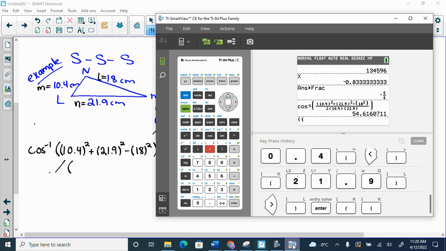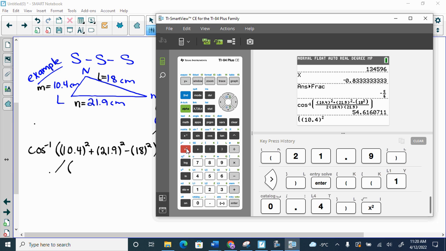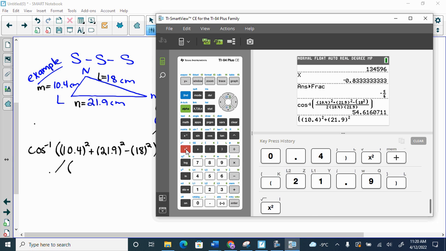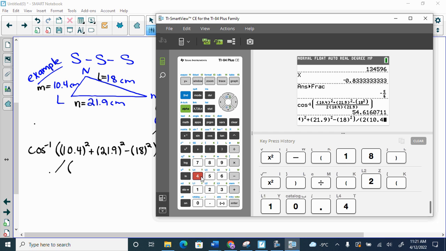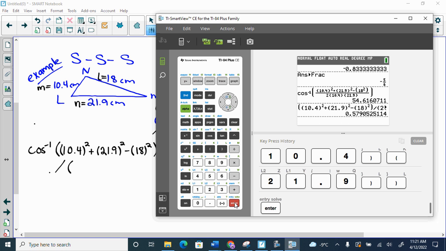So I would go 10.4, check, because you might be missing a bracket. And then plus 21.9 squared minus 18 squared, close bracket on my numerator, divided by open bracket on my denominator, 2, and then bracket 10.4, bracket 21.9, close bracket, enter, and that gets me my decimal, and then I go second, cos, second, answer.